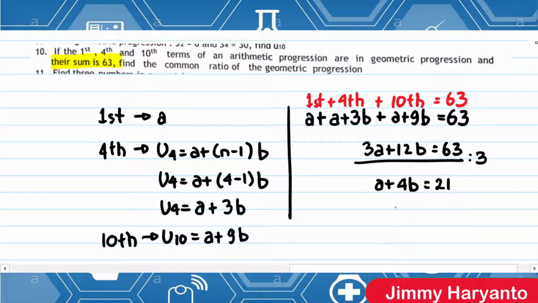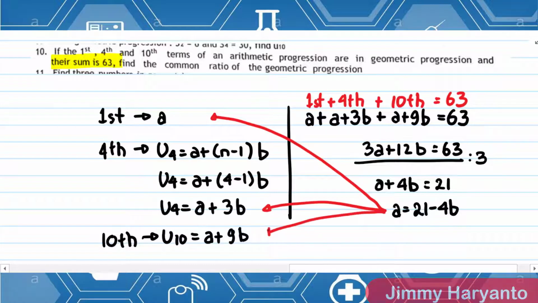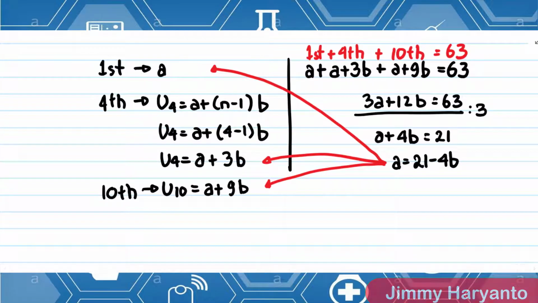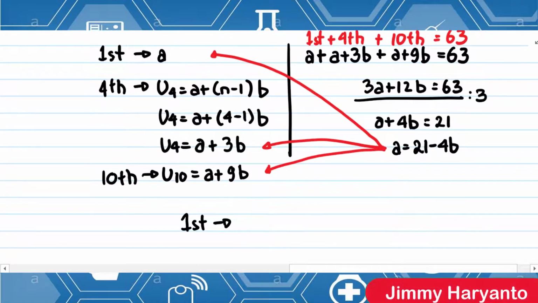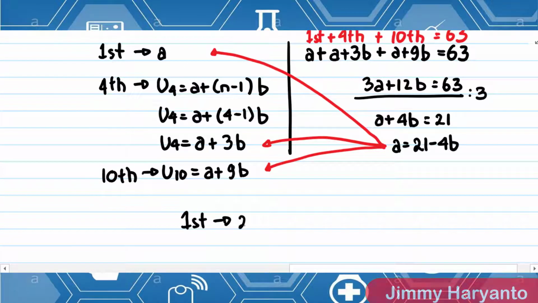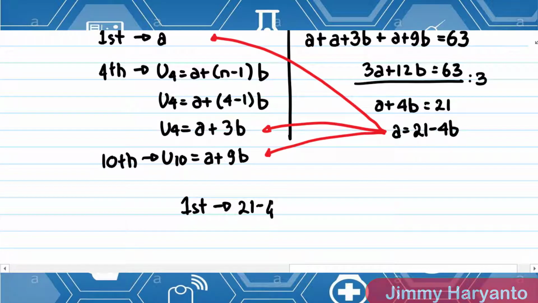After that, I can use this to find A. A equals 21 minus 4B. And the next is I will put the A into each of the terms. So I can modify the first term, which was A before, into 21 minus 4B, because A equals 21 minus 4B.